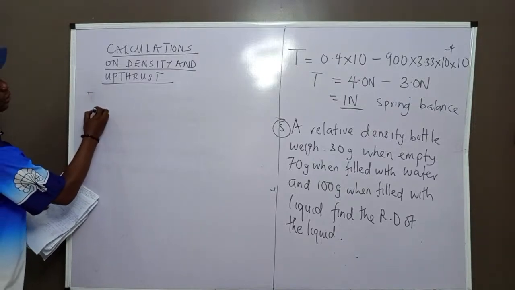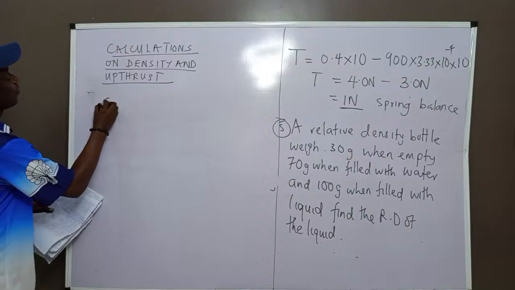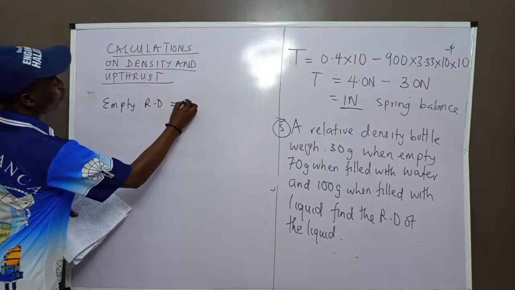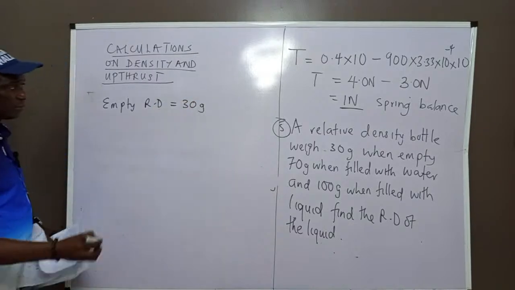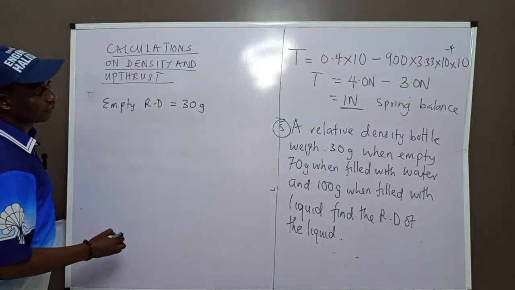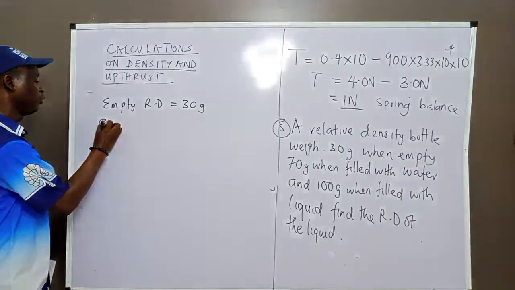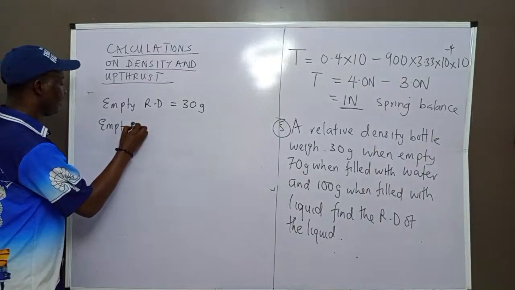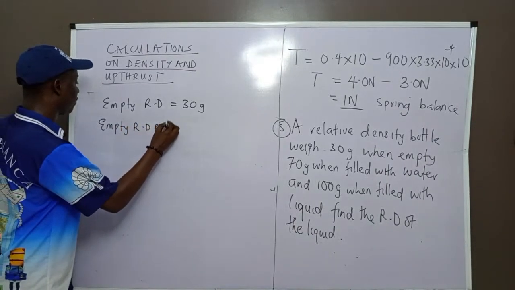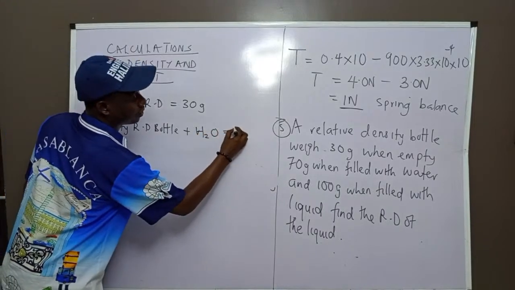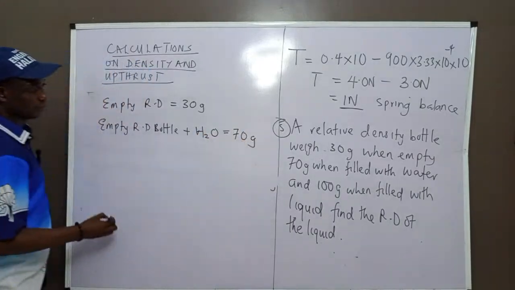Now, the relative density bottle, empty, is 30 grams. When filled with water, that means empty relative density bottle plus water is equal to 70 grams.